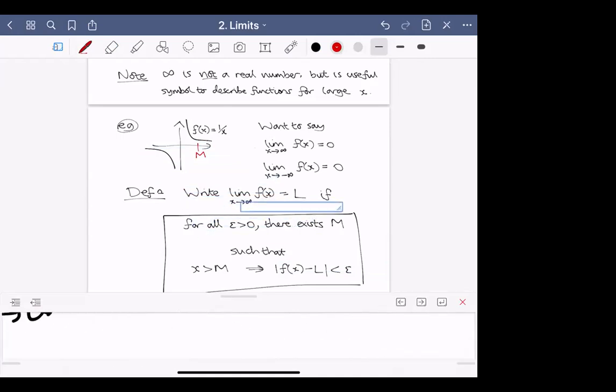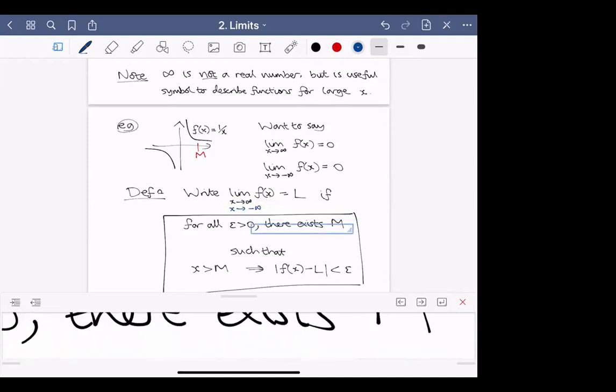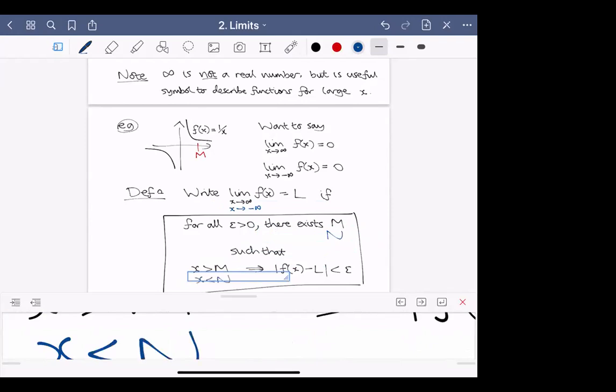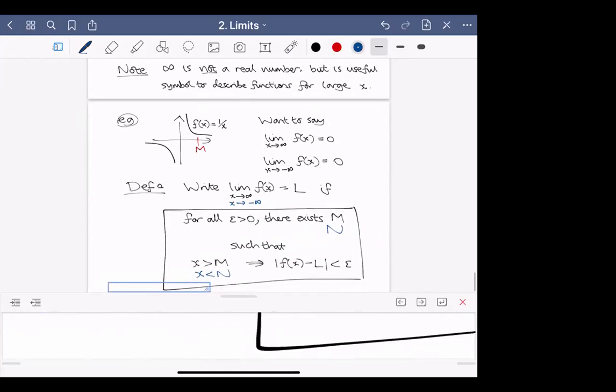Okay. So we also wanted the limit as x goes to minus infinity. So I'm going to write that in the same definition, just to show how you change it to get the minus infinity definition. Well, for x goes to minus infinity, let's use a different letter. Let's say there exists N such that if x is less than N, then the value is close to L by epsilon.